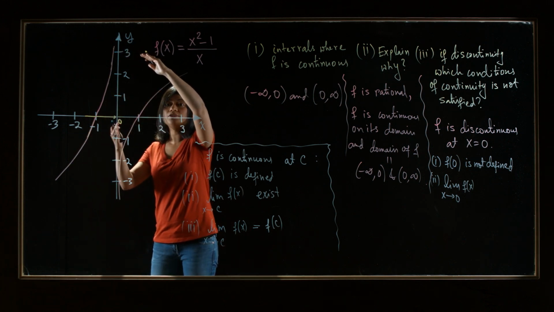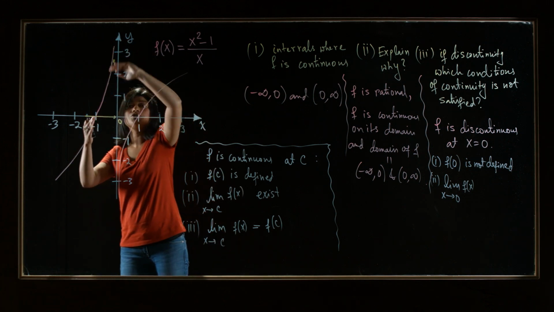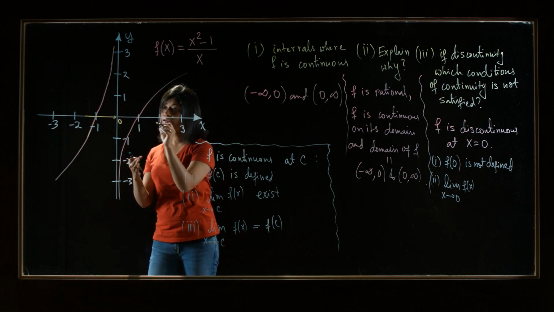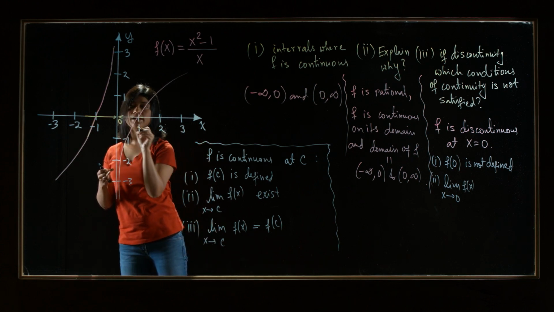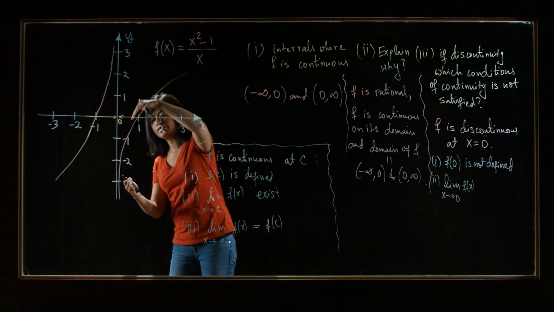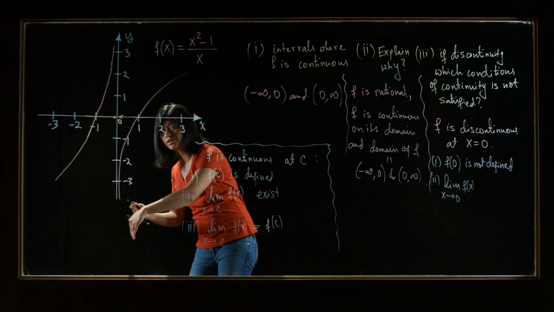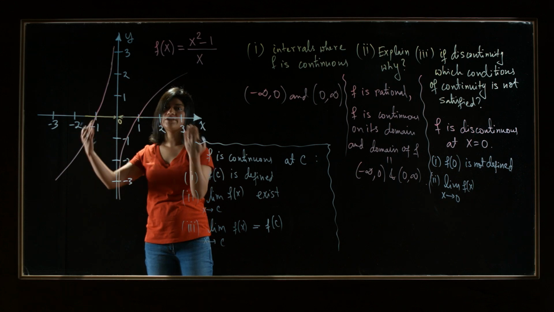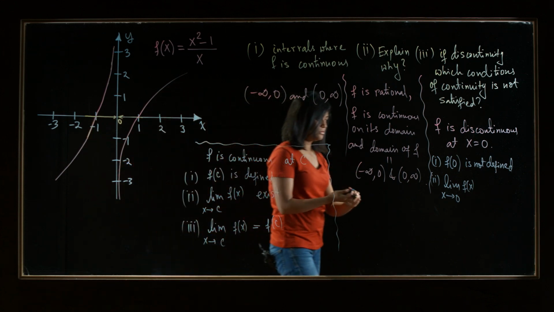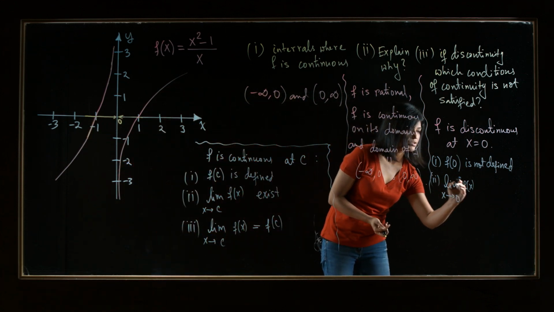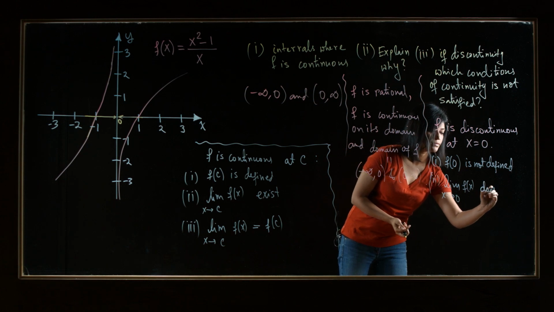There is no value that the function is approaching. It's actually going to infinity. Now when x is approaching 0 from the right-hand side, notice the function is going down. It's not going to a value. It's actually approaching negative infinity. And therefore, the limit does not exist. So that fails as well.